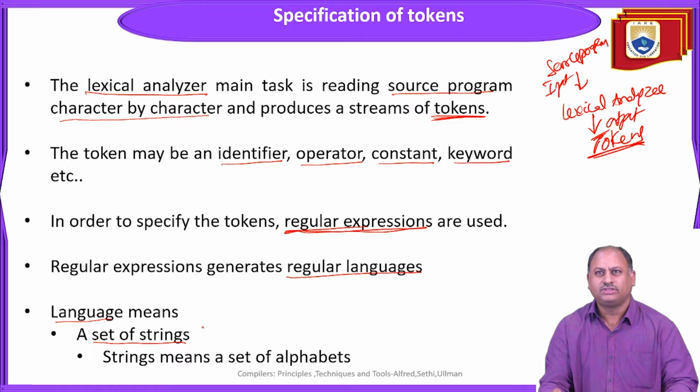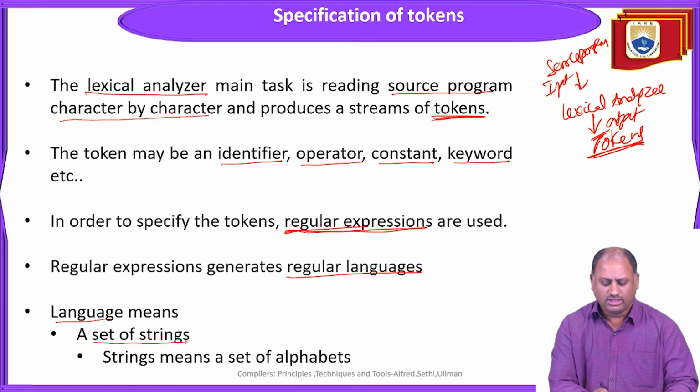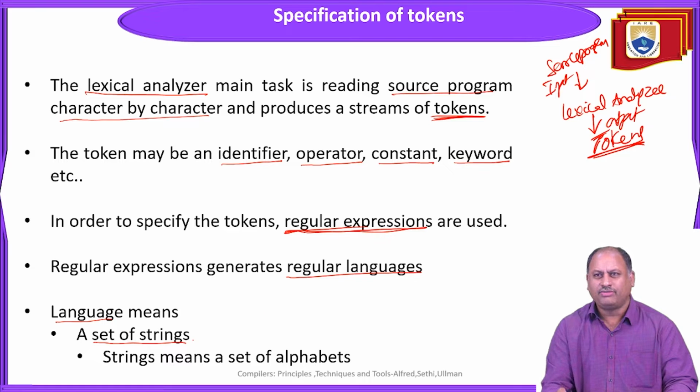Strings are made of alphabets. For example, a string is a sequence of characters considered as one word. Several such strings make up the set. That string is formed from the alphabet only. What is an alphabet? It contains some characters.